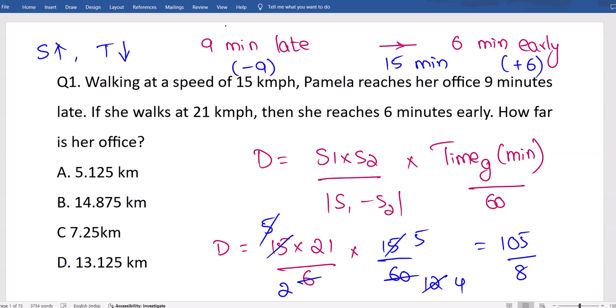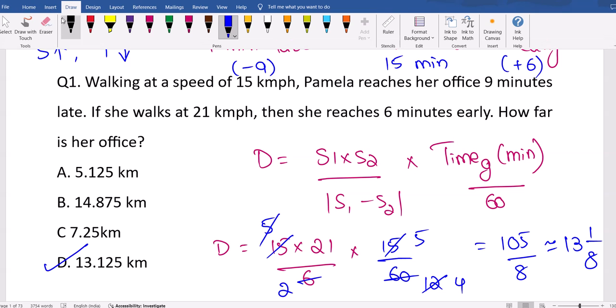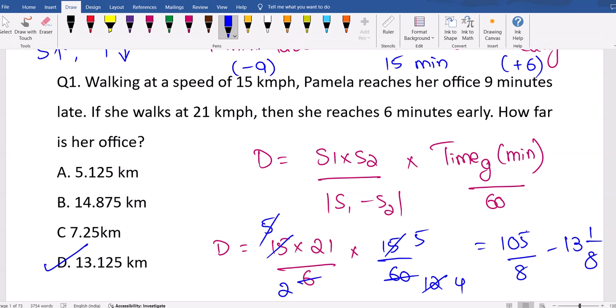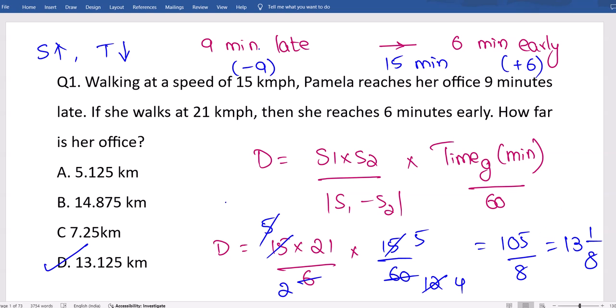It's 13.125, because 8 times 13 is 104. So exactly 13 1 by 8, and 1 by 8 is nothing but 0.125. So 13.125 is the answer. Right? So option D. This is the shortcut, where you use the formula directly.